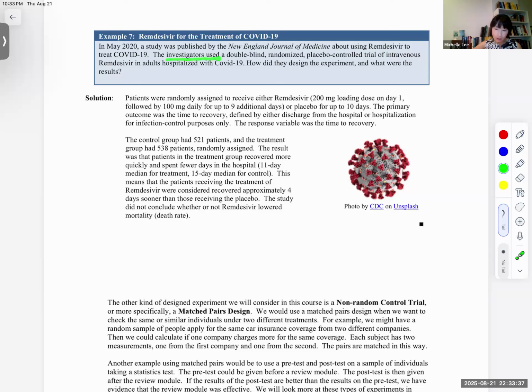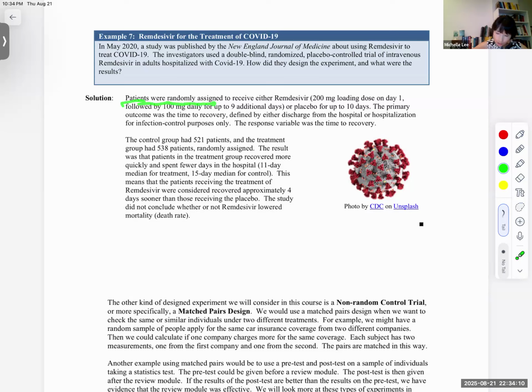The investigators used a double-blind, randomized, placebo-controlled trial of intravenous remdesivir in adults hospitalized with COVID-19. How did they design the experiment and what were the results? This is the name of the medication for treatment of COVID-19.